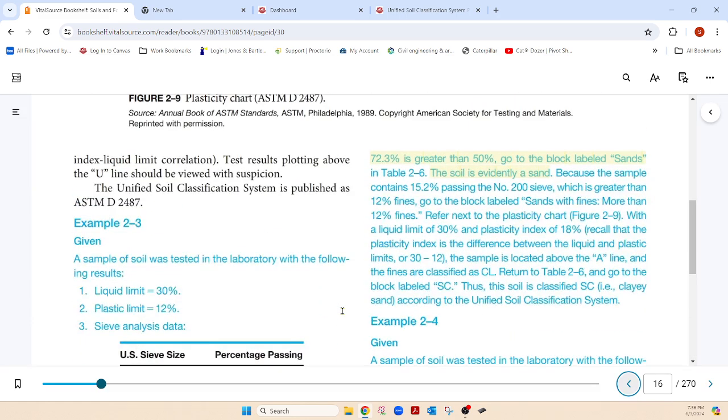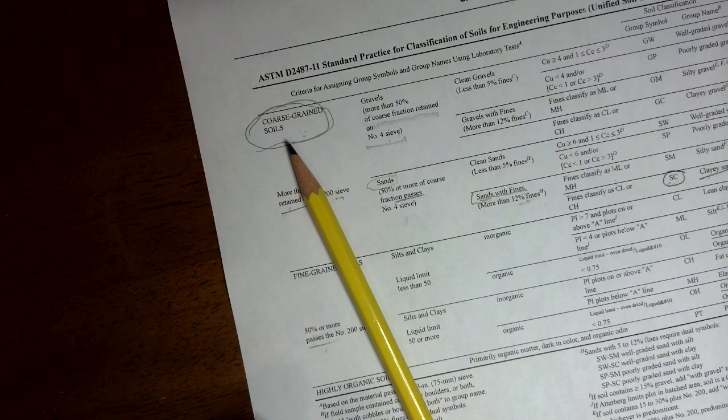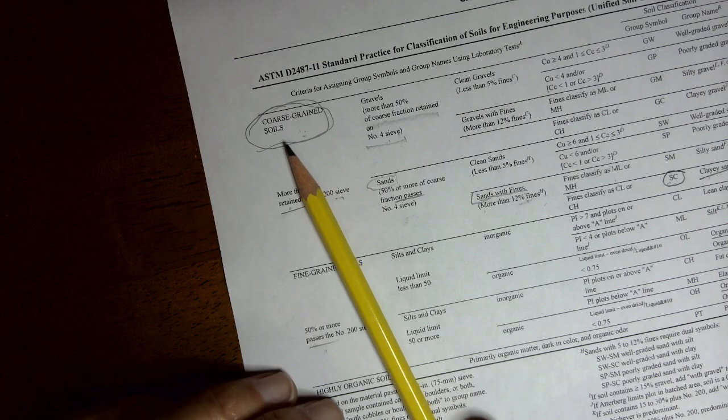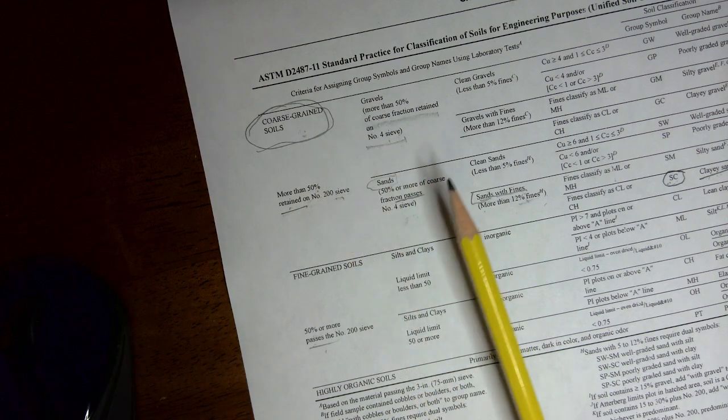Because 72.3 is greater than 50%, go to the block labeled sands, and we'll go to that in table 2.6. Go to the block labeled sands because 72.3% is greater than 50%. And let's get over there to sands.